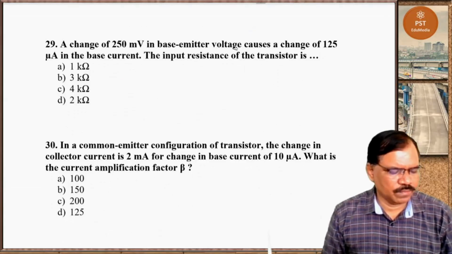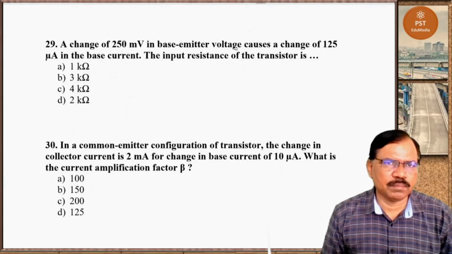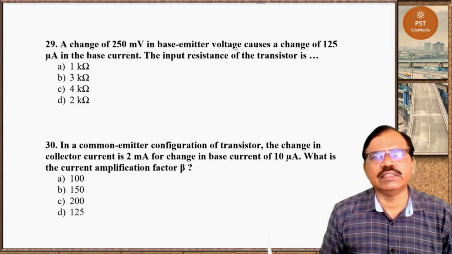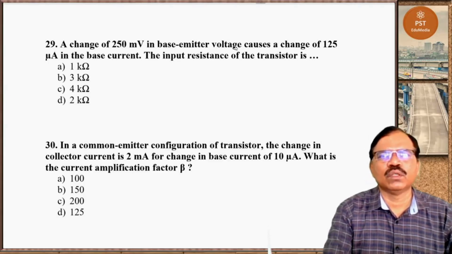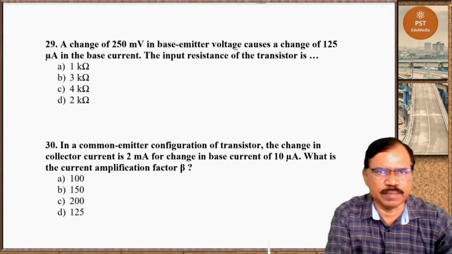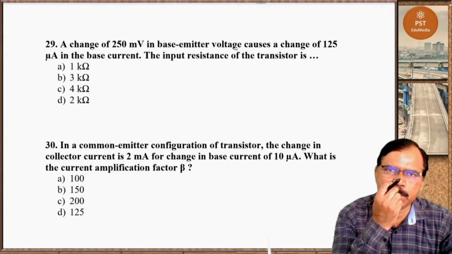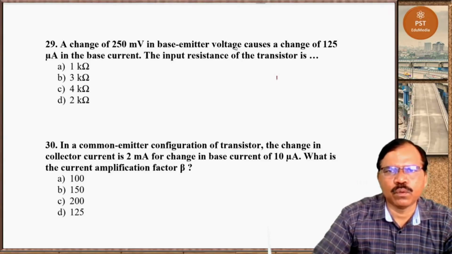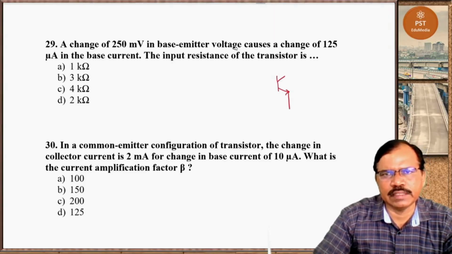Now next one, a change of 250 millivolt in base emitter voltage causes a change of 125 microampere in the base current. The input resistance of the transistor is, means here we have, suppose, common emitter configuration.